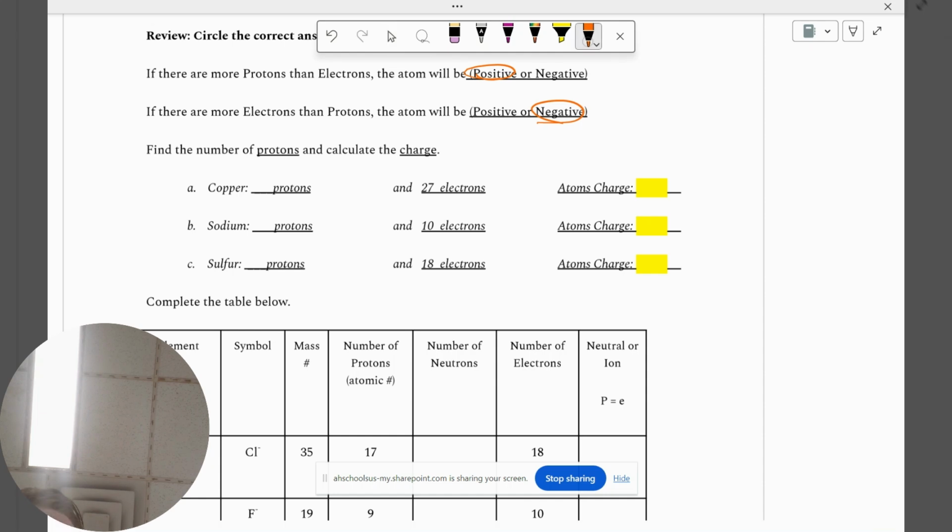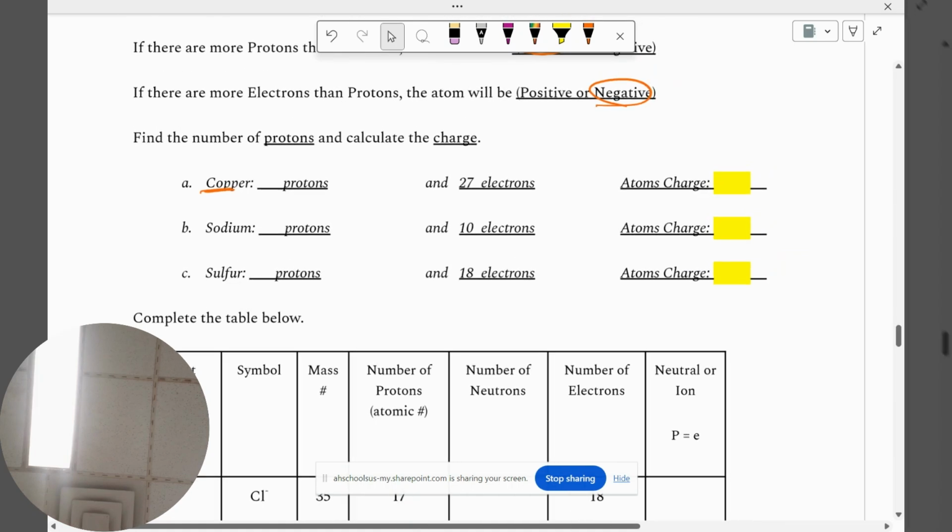So how do I figure out how many protons copper has here? What can I do? Yes, sir. And how many has it got? 29. Okay? So what's the difference between the positives and the negatives here? Positive, positive, positive. See if you can do B and C quick.